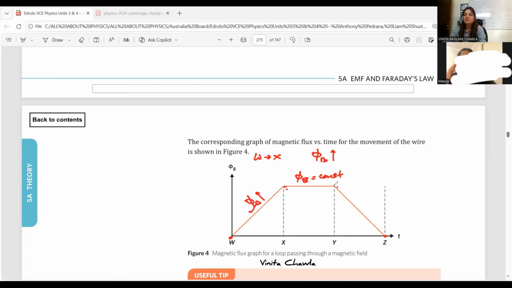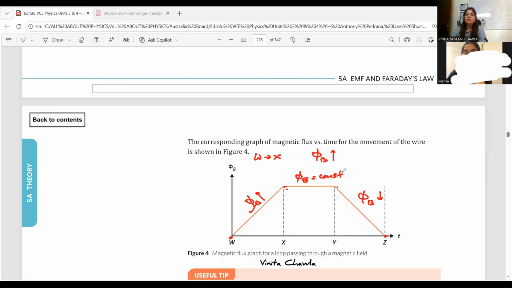But after it reaches Y and goes to Z, again the coil is moving away from the external magnetic field. So flux linked with the coil will change. And this time it is decreasing because it has reached the maximum value here. Now it is decreasing, so fewer field lines will cross through it. So this is how we can draw the flux curve graph with the different positions.